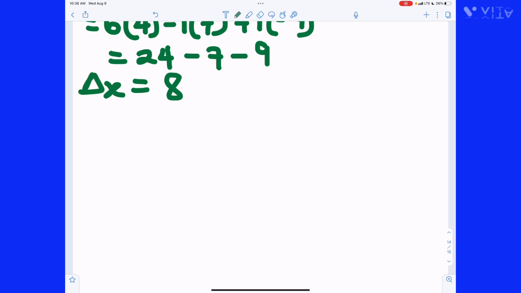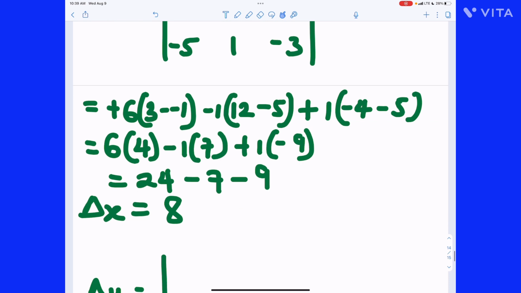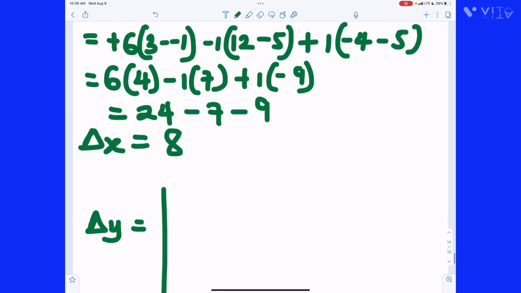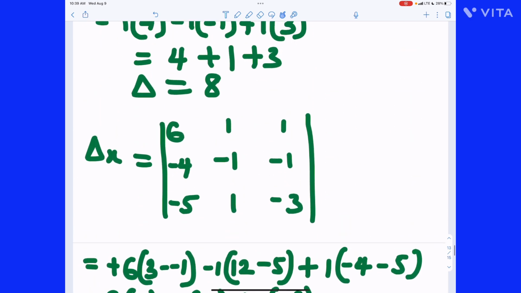Also, let's now find delta y. How do you get a delta y? I will keep the coefficients of x, 1, 1, 2, but change those of y.